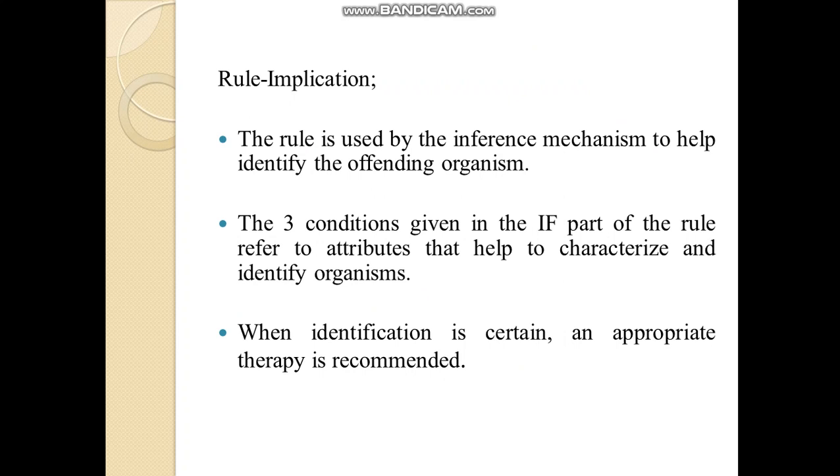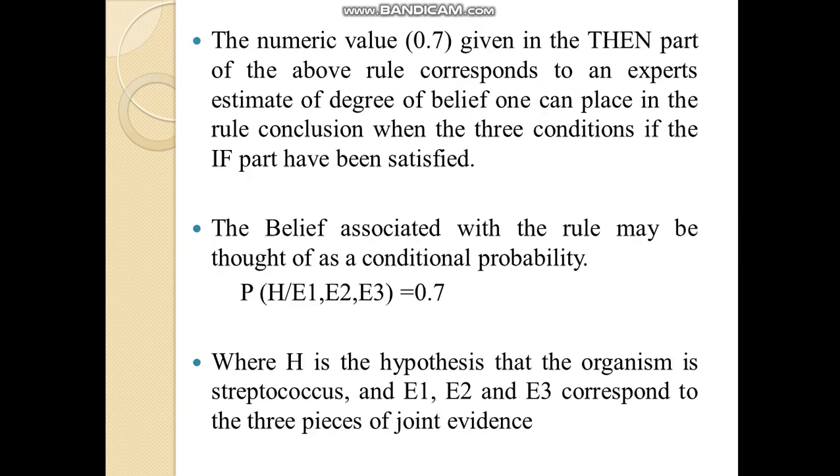When identification is certain and appropriate, therapy is recommended. The numeric value 0.7 given in the THEN part of the above rule corresponds to an expert's estimate of degree of belief.